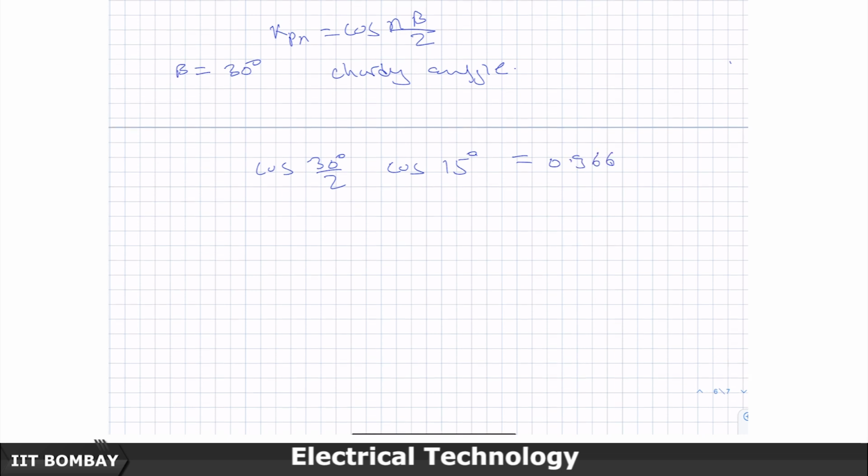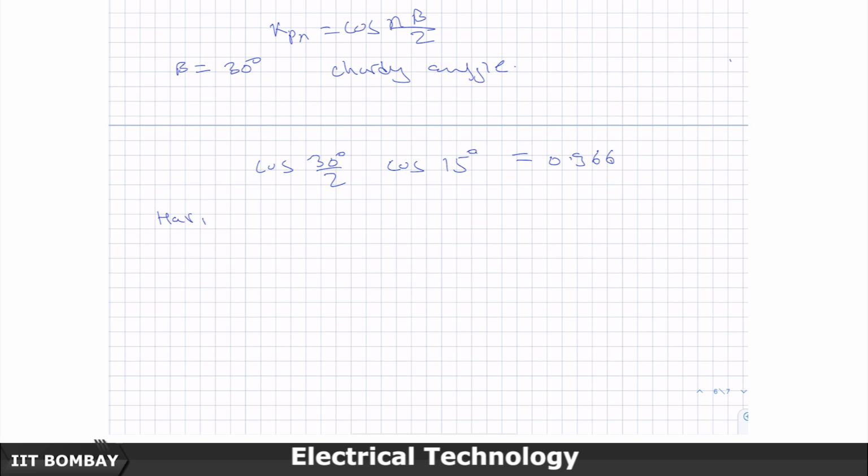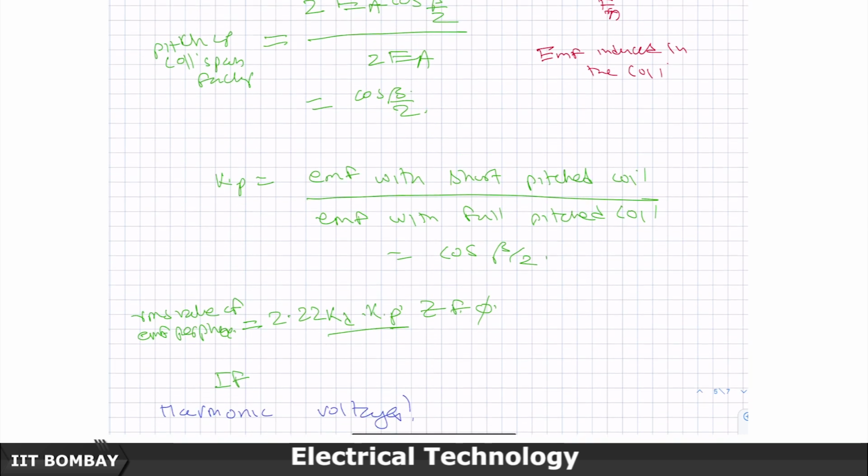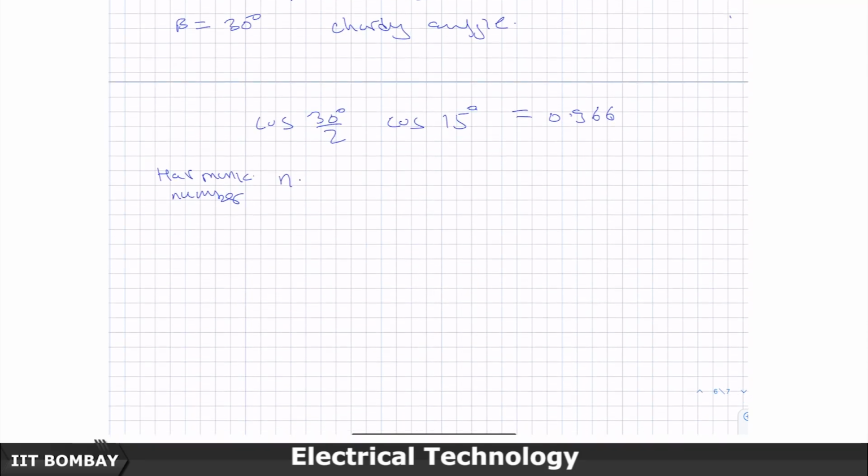So, if I write here the harmonic number n, and look at the coil span factor or pitch factor, for the fundamental, which is 1, I get 0.966.